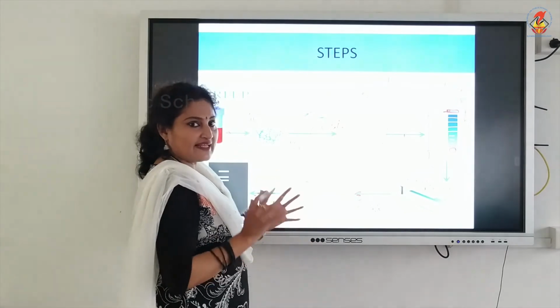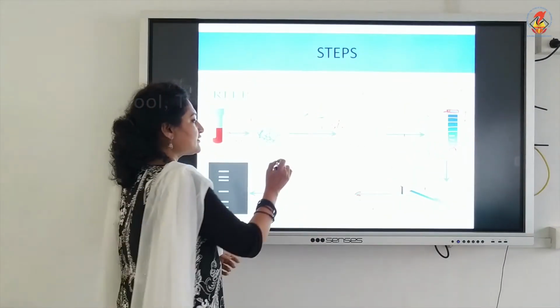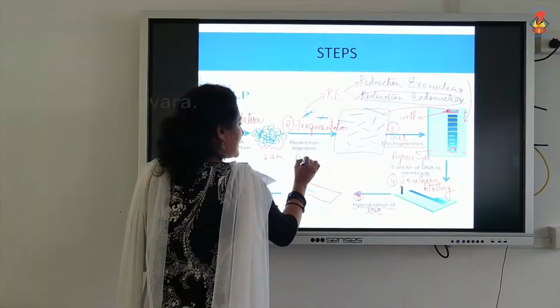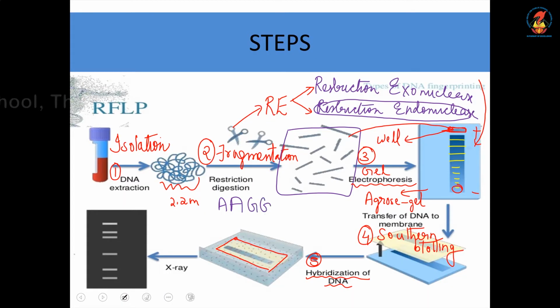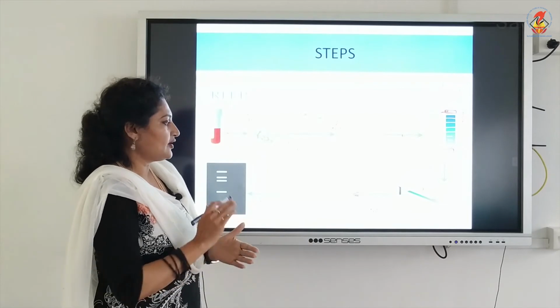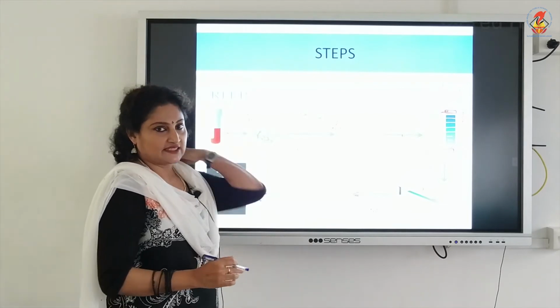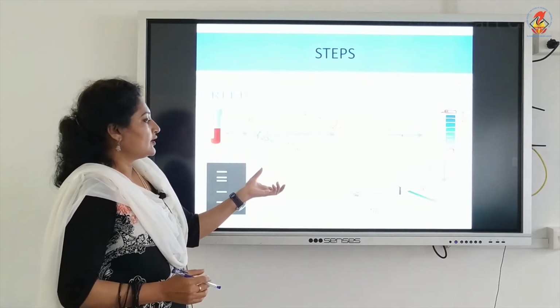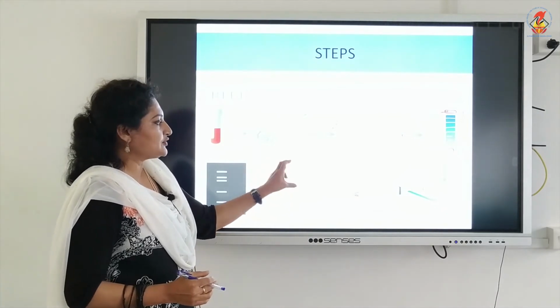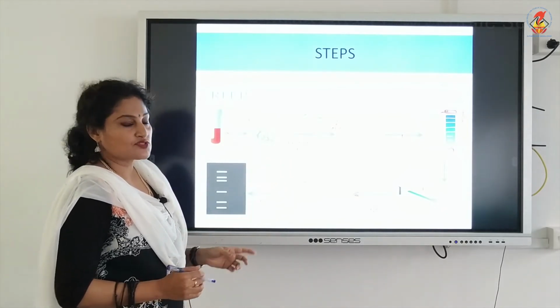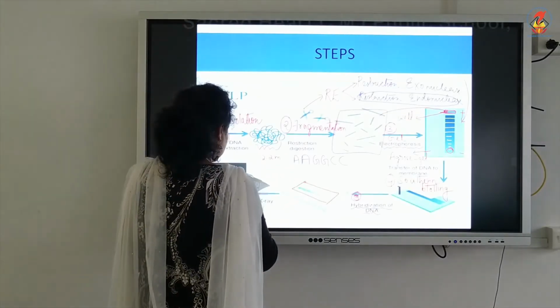For example, let's assume the VNTR to be A, G, G, C, C. For example, let the VNTR of this person be AA, GG, CC. Now this VNTR is identified. Now DNA complementary to this VNTR is made in the lab. So what is complementary to A?